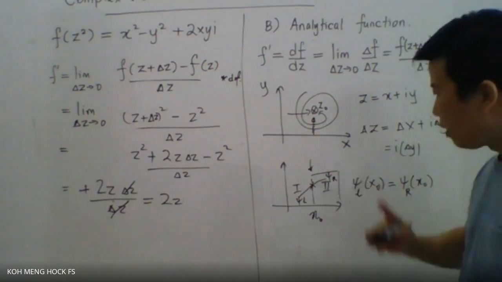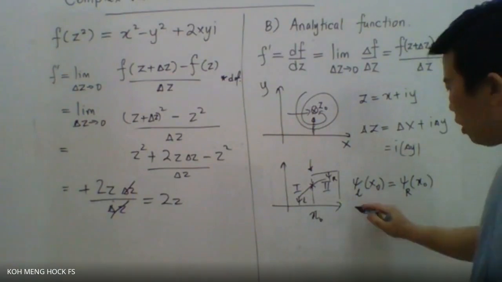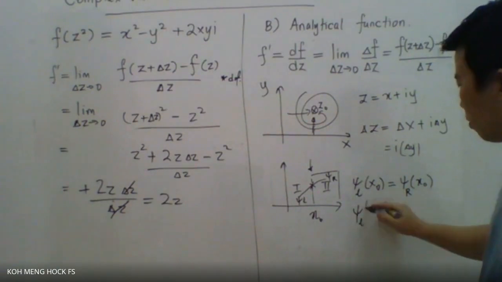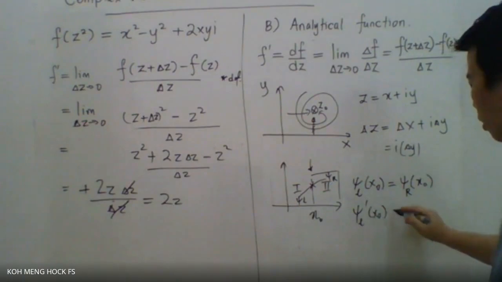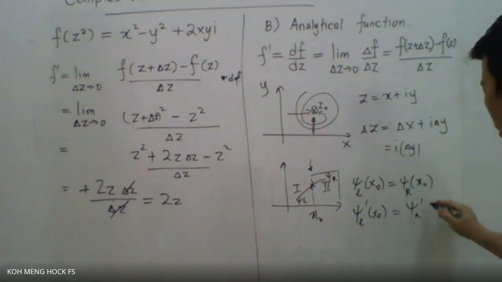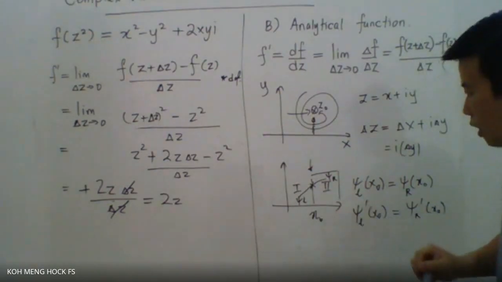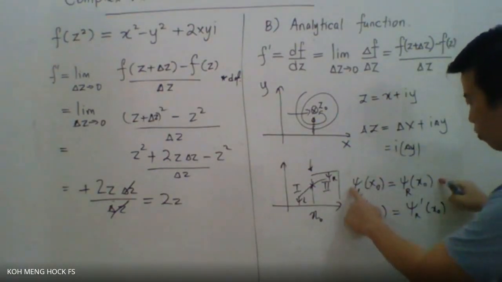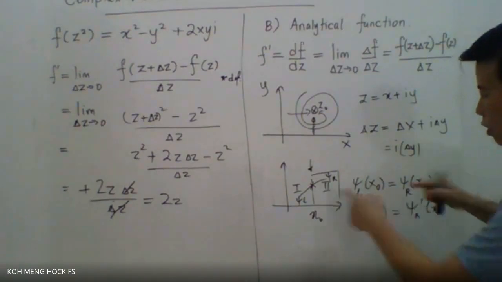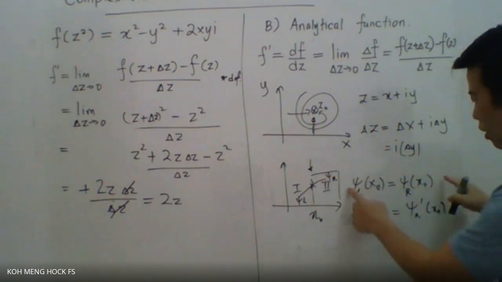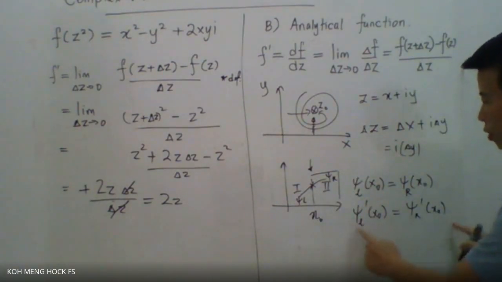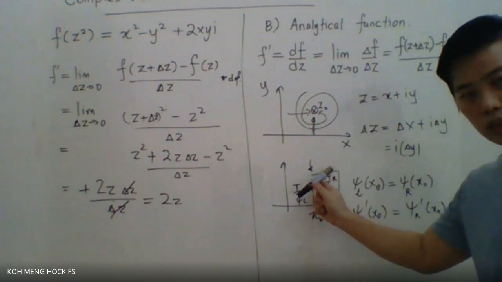And then the derivative must also be the same. At x0, at this point, the function has the same point. This means they are exactly at the same point, right? And then for the derivative, the slope must be the same.